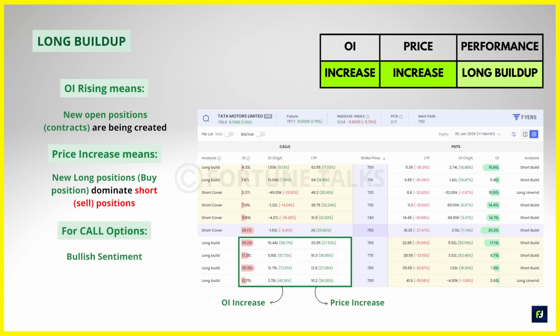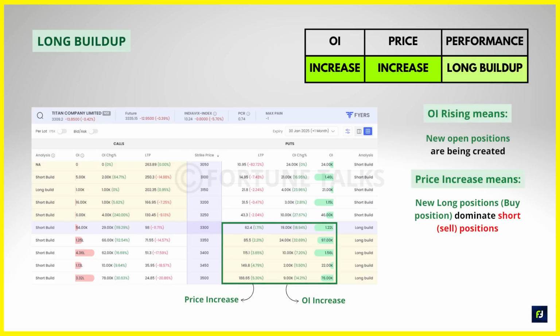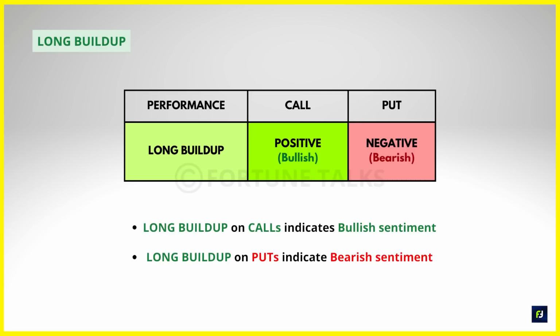and that is the reason why prices rise with every new contract addition. A long buildup on the call option depicts that market participants are ready for bullish action on the underlying, whereas creation of fresh longs on the put side depicts that market participants are ready for a bearish price action on the underlying instrument. So for the call side, a long buildup is viewed as a positive event, while for the put side, it is viewed as a negative event.